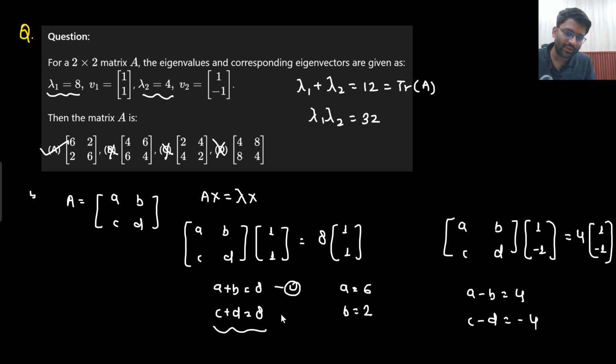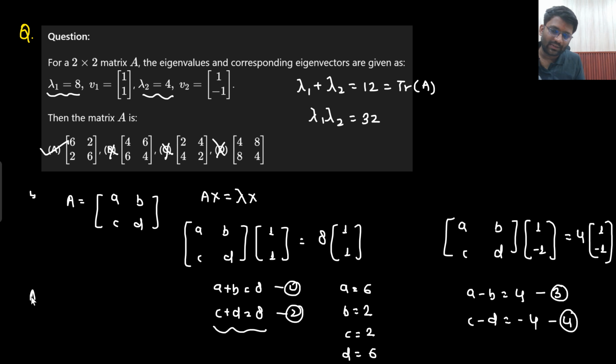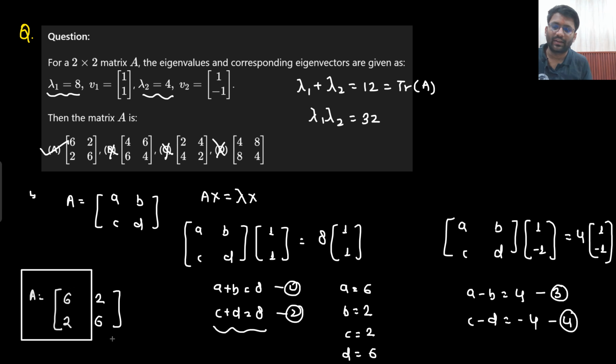You can solve these equations, no? Equations 1, 2, 3, 4. Then c equals 2 you are getting and d equals 6 you are getting. There you go. So your matrix A is coming out to be 6, 2, 2, 6. This is how you will solve the equations and get the answer.